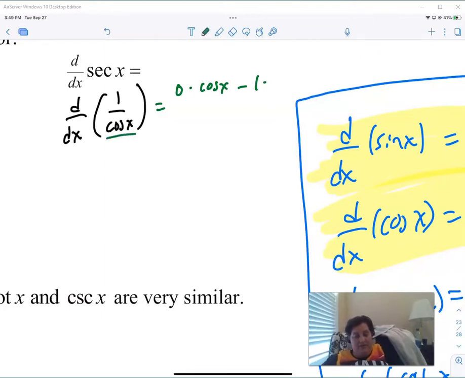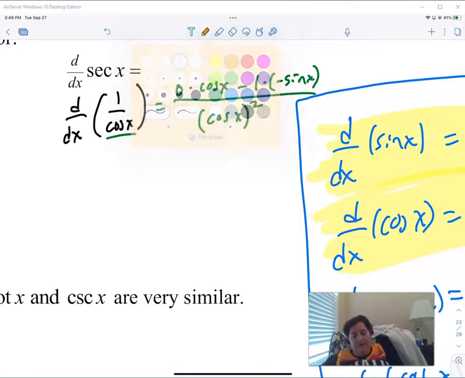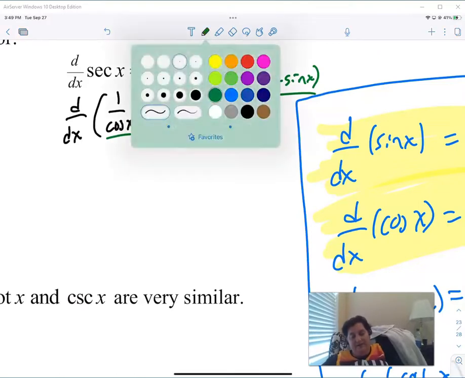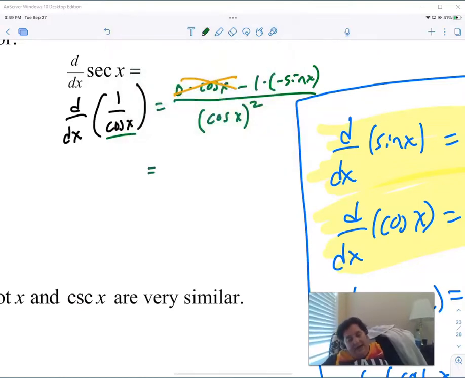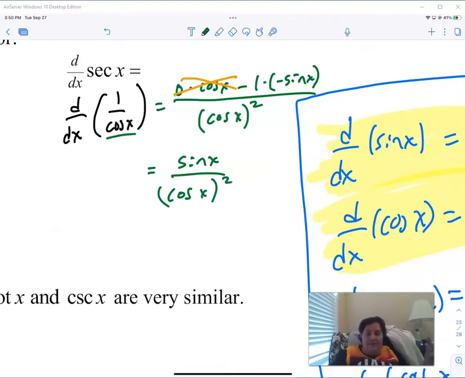And the derivative of cosine is negative sine all over the bottom squared. Okay, check this out. 0 times cosine is 0. Negative times negative is a positive. So I get a positive sine over cosine squared. Now that is my answer.